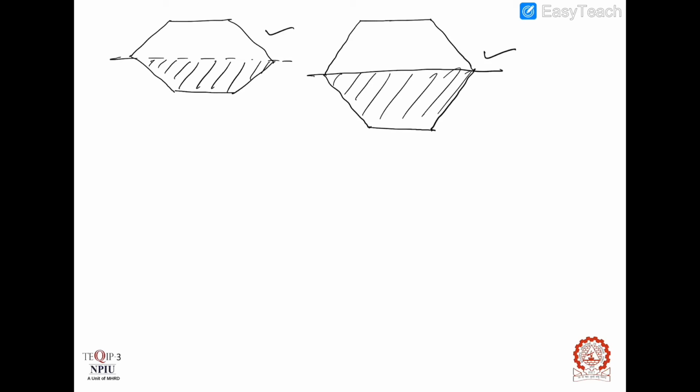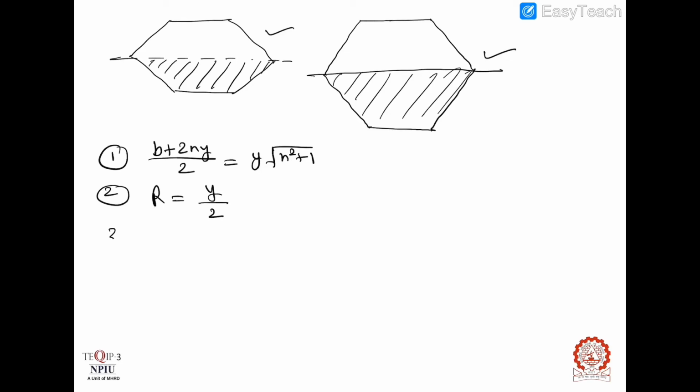So hence the conditions for most economical trapezoidal sections are: first, half of the top width should be equal to one of the sloping sides. Second, the hydraulic radius should be half of the depth of flow. And third, the trapezoidal channel section should be half of the hexagon. This is the third condition.